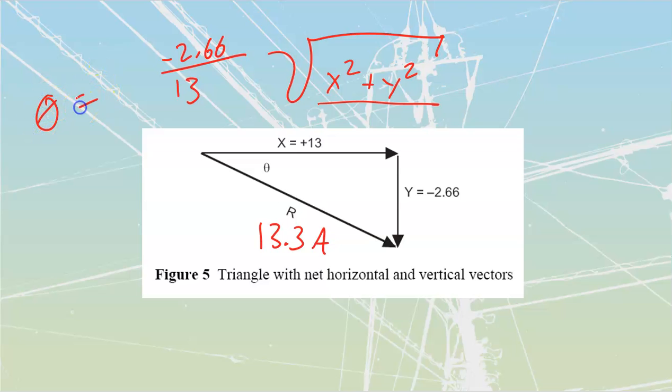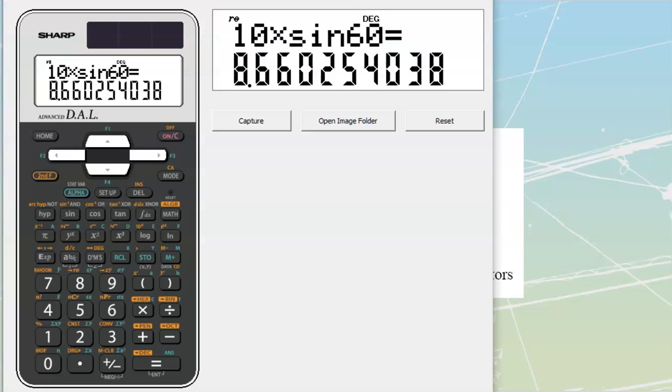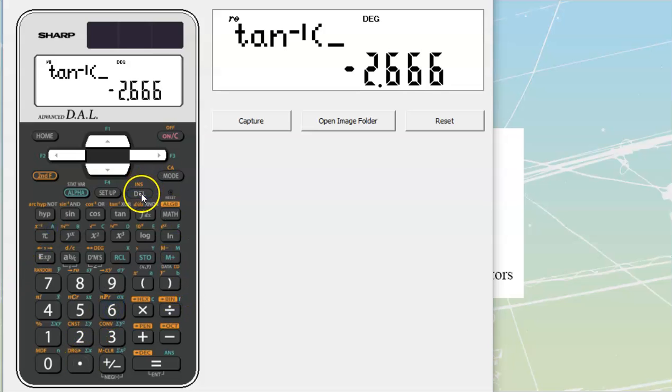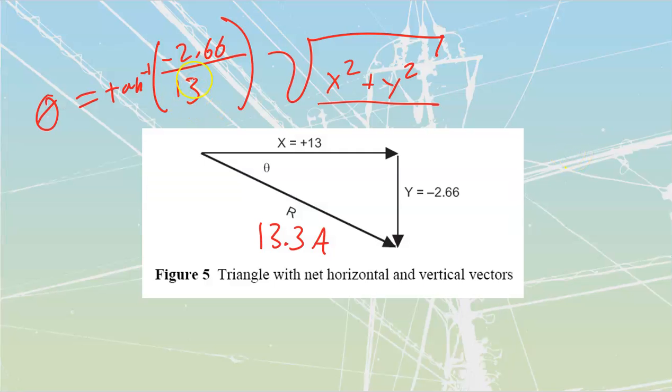Tan negative 1, like that. And when we punch all of that into our calculators, it's going to spit out a negative angle. Let's just do that. So we're going to go with inverse tan of bracket negative 2.66 divided by our y value over there, our x value over there, the 13.